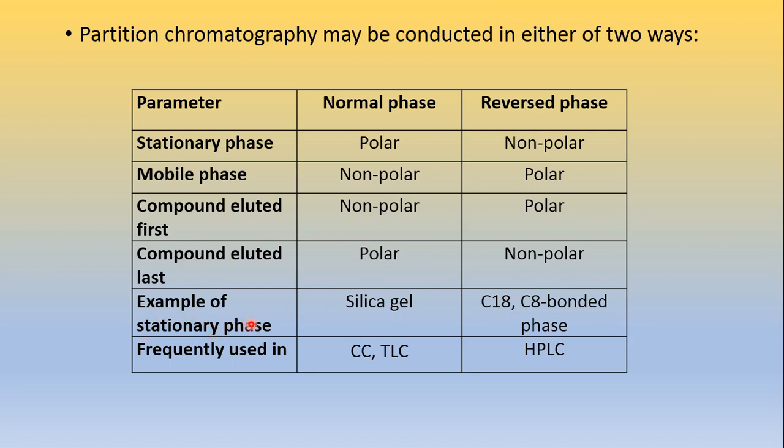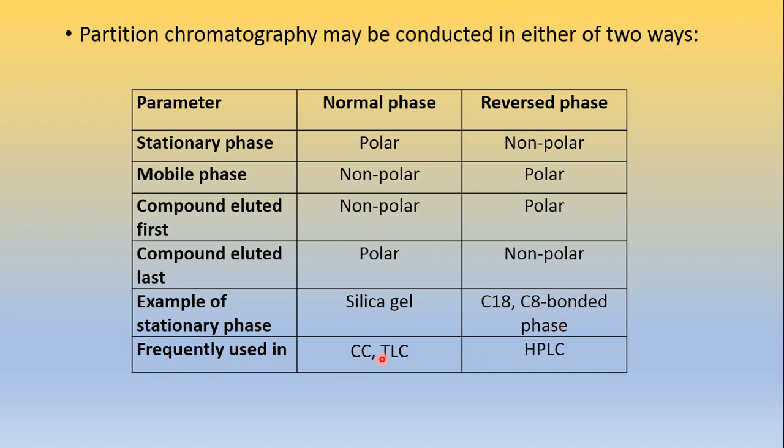Now the examples of stationary phases are silica gel, and here also silica gel which is bonded with hydrocarbons containing 18 carbon atoms, like octadecyl silane, ODS, octadecyl silane functionalized silica gel, or C8 bonded phases.